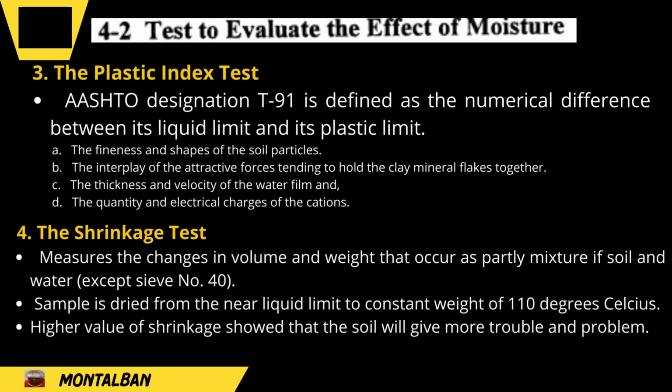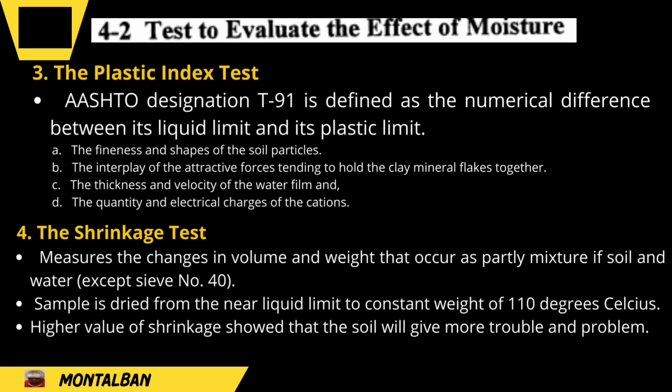The plasticity index test. AASHTO designation T91 is defined as the numerical difference between its liquid limit and its plastic limit. It is also referred to as the percentage of dry weight in some combination.